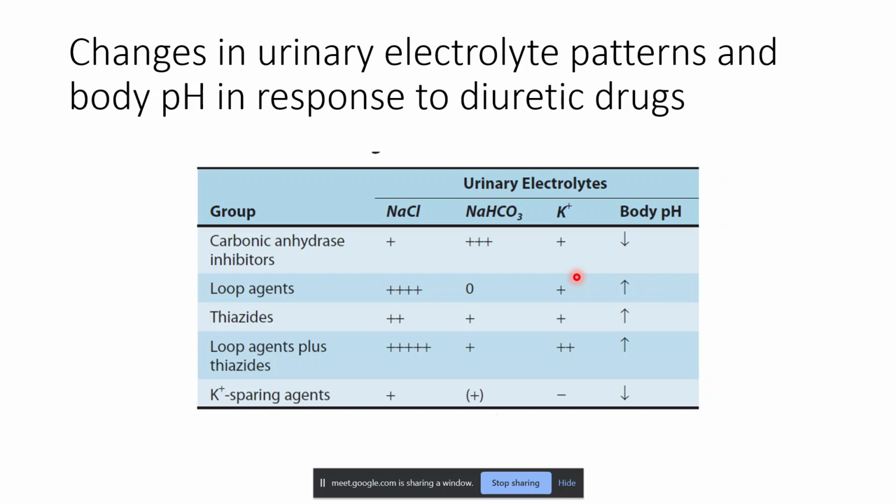Patients with renal diseases with nephrotic syndrome often have problems with volume management, and this is very common.